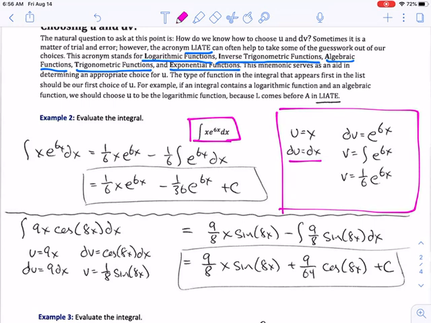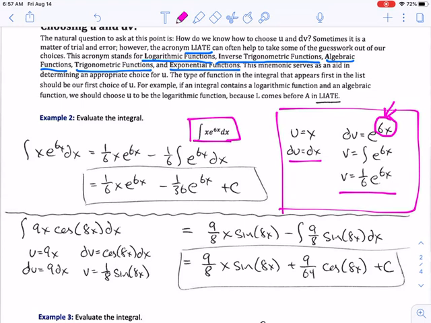Remember when you're doing u substitution, I'm not showing all the steps, particularly with an exponential, because exponentials are pretty straightforward. Anytime you have an exponential with some type of function other than x, all you end up doing is taking that coefficient 6 and dividing by it. So dividing by 6, or 1/6 e to the 6x, is the antiderivative.